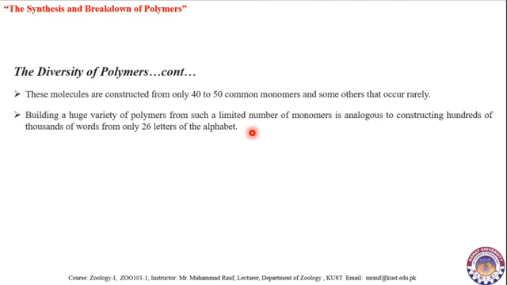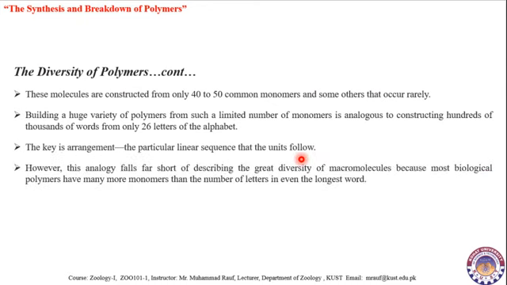So what is the basis for these differences? It is the sequence and arrangement of the nucleotides, amino acids or sugars which help in the formation of different polymers. The key is the particular linear sequence that the units follow.